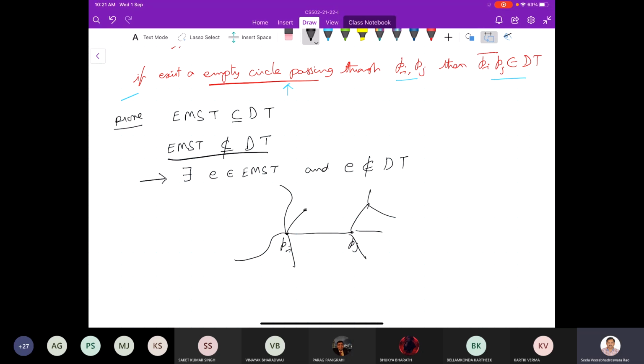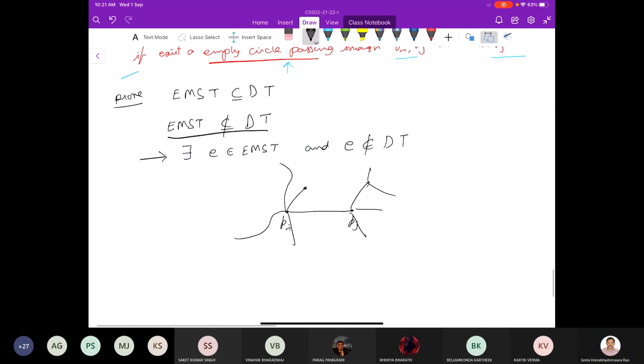Suppose the minimum spanning tree is T. From this T, you remove this edge. Okay, so once you remove this one, what will happen? This tree becomes disconnected.